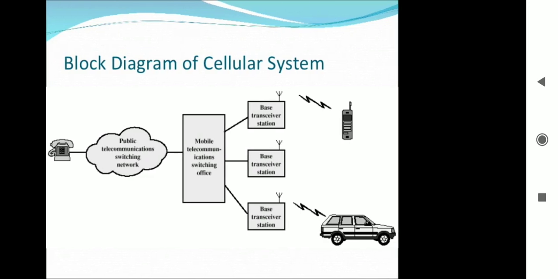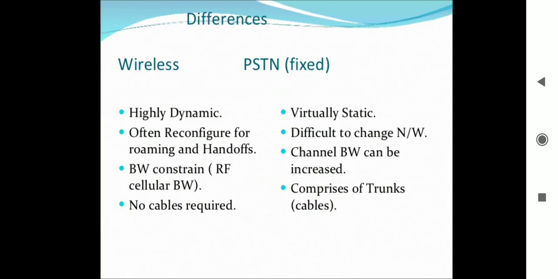Then you can see, in short, the comparison between wireless and the public switched telephone network, which is a fixed telephone network system. The wireless telephone system is highly dynamic, whereas the public switched telephone network is virtually static.